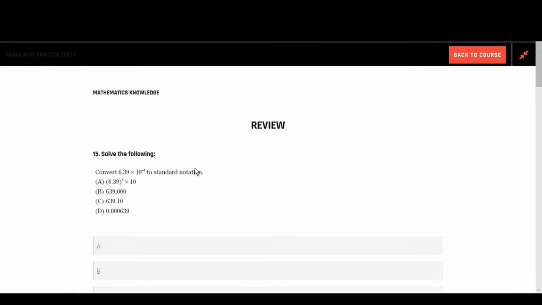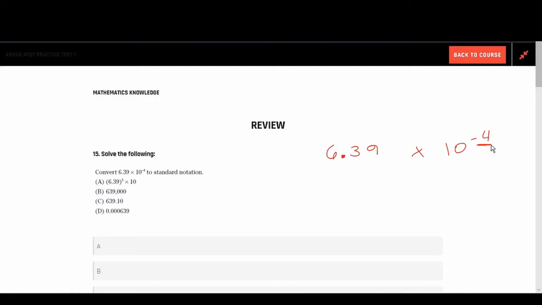15 says convert 6.39 times 10 to the negative 4th to standard notation. The way you read this is, anything times 10 to a power is going to shift the decimal place, as I mentioned a little bit earlier in another problem.